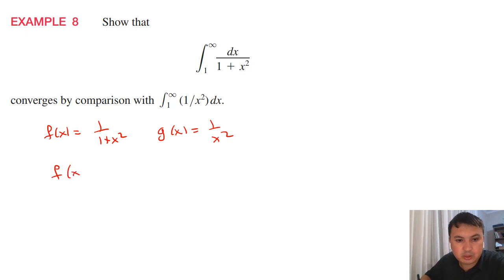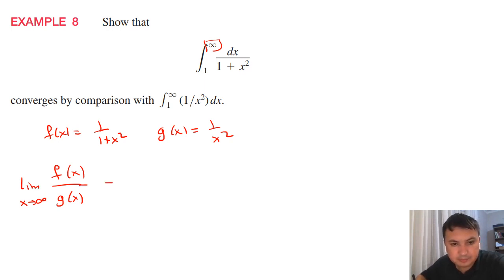So I divide f by g. I take the limit as x goes to infinity, because my limit here is infinite. So what happens? This becomes x squared divided by 1 plus x squared, right?